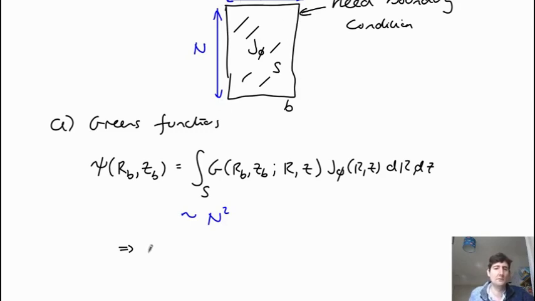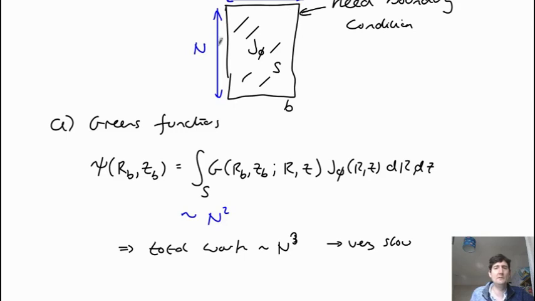And so the total work goes like n cubed, because it's n squared for each point, and then there are order n points around, and so you have n cubed evaluations. If you have a small number of grid cells, this is maybe okay, but as your grid gets larger, this very rapidly becomes too expensive, and this becomes very slow.